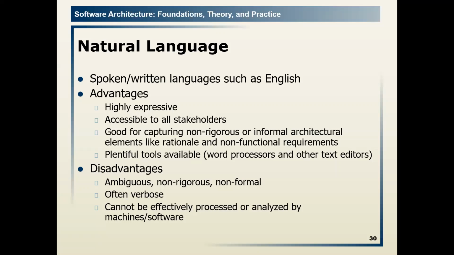Then there are some disadvantages as well. One thing is that it is ambiguous. Because you are writing in normal English words, a given word, as you know, might be interpreted by different designers with a different meaning, right? If you say something like the system should always be up.